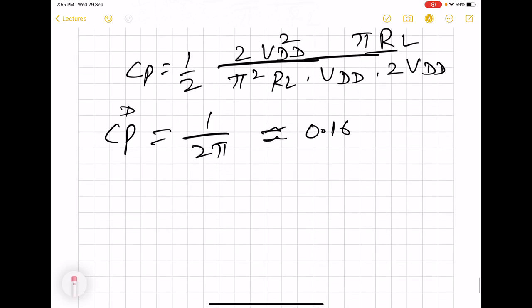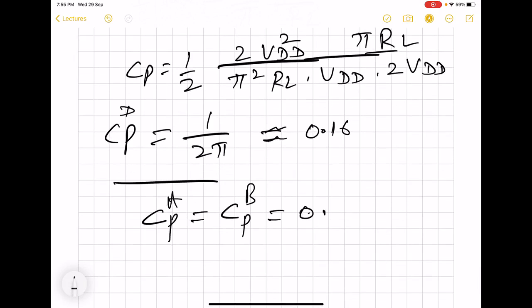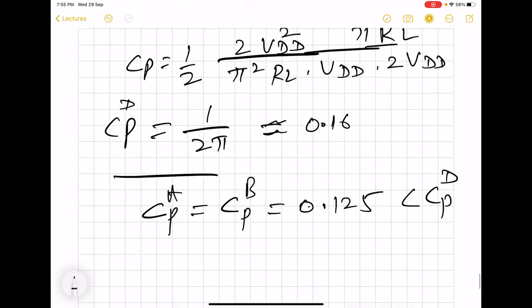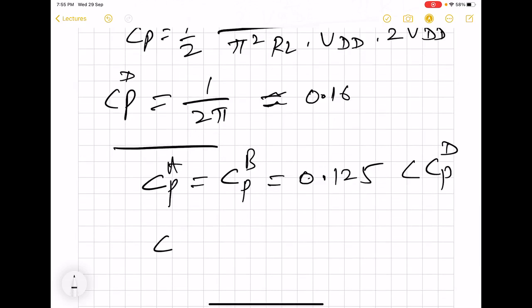Now if you recall the case for linear classes, CP for class A was equal to CP for class B equal to 0.125, which is less than CP of class D. Now what about class C? Of course for that case it will depend upon the conduction angle.